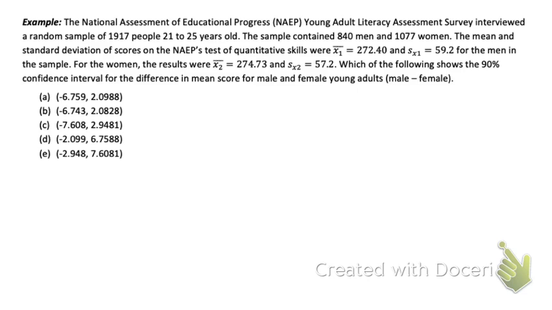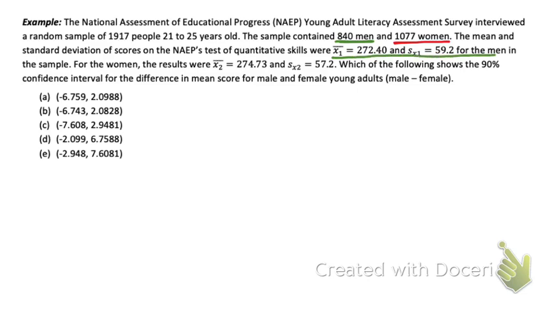The National Assessment of Educational Progress, a Young Adult Literacy Assessment Survey, interviewed a random sample of 1,917 people, 21 to 25 years old. The sample contained 840 men and 1,077 women. The mean and standard deviation of scores on the NAEP's test of quantitative skills were x̄1 = 272.4 and s_x1 = 59.2 for the men.